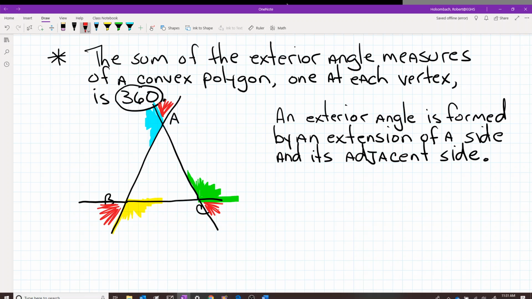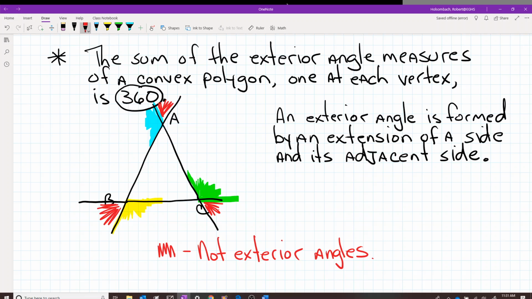They are not exterior angles. By definition, an exterior angle is formed by an extension of a side and its adjacent side.